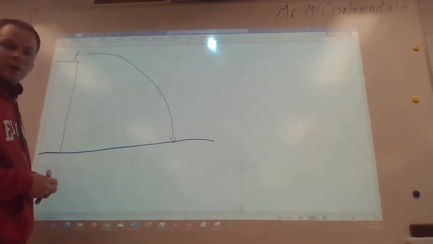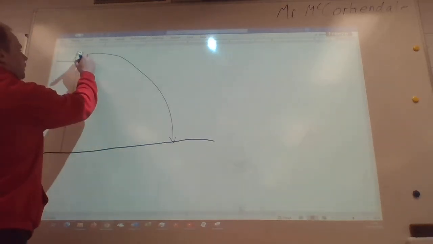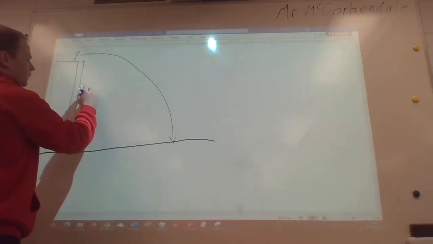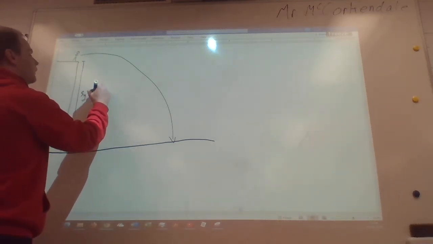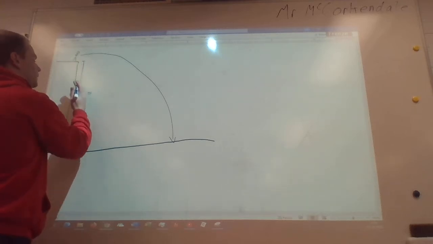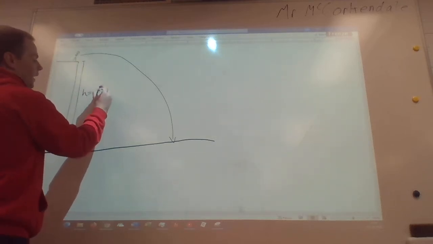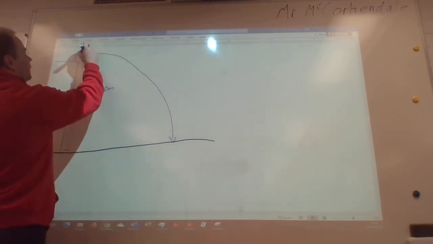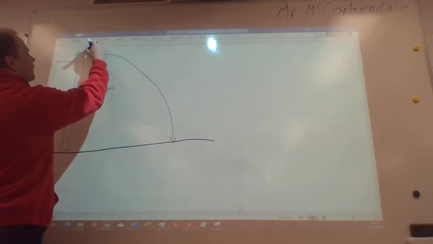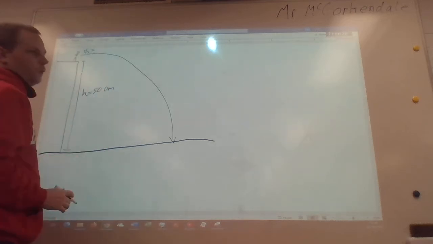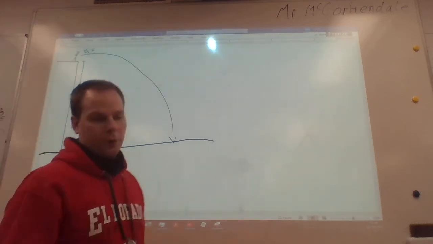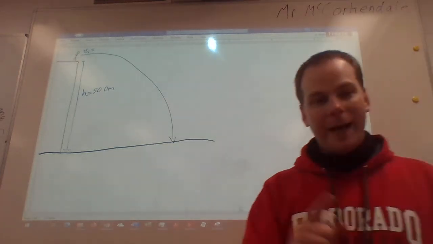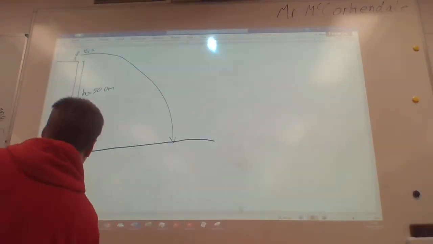Okay, and we are given a couple pieces of information. We are given the height of the cliff, actually, I'm just going to put H, and then I'll go into that later. So the height of the cliff is 50.0 meters, and the initial velocity of the rock, we are told, is 18.0 meters per second.